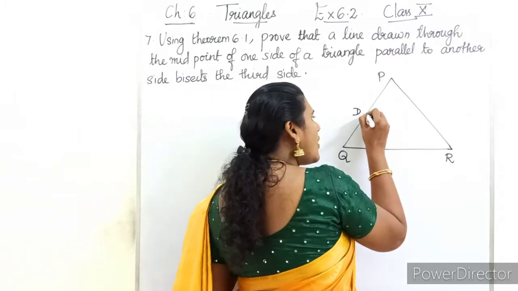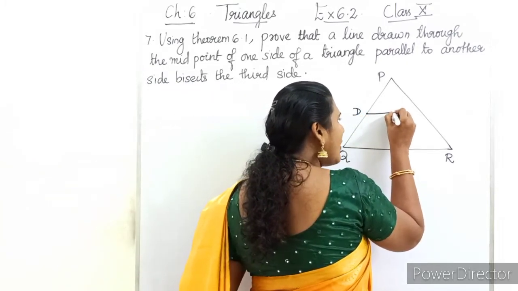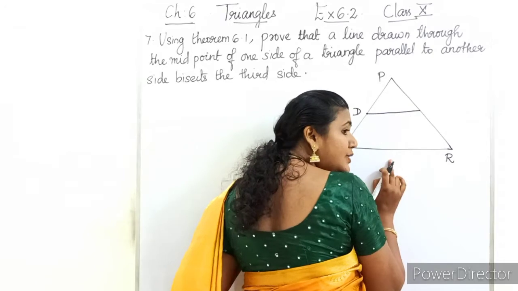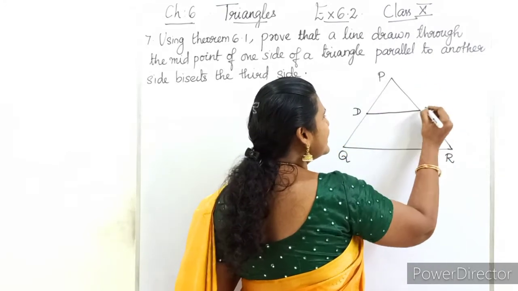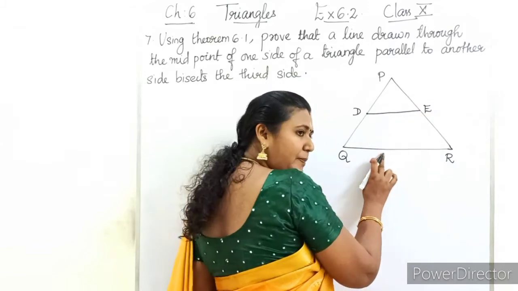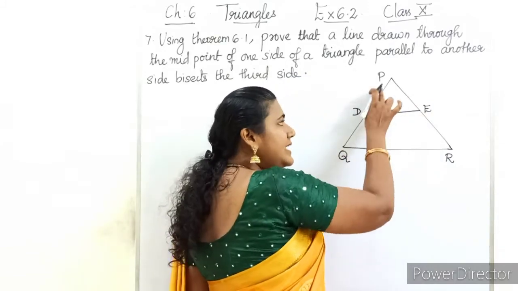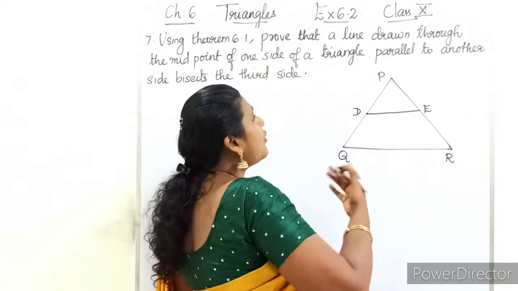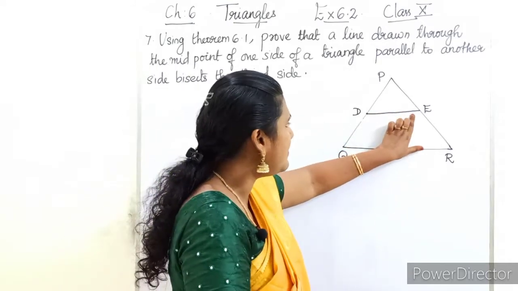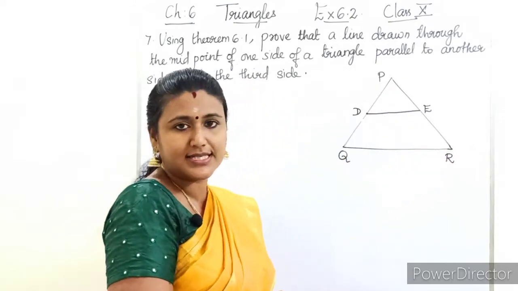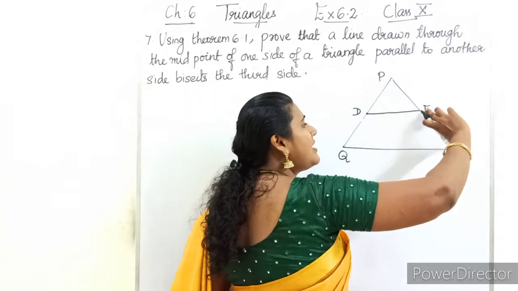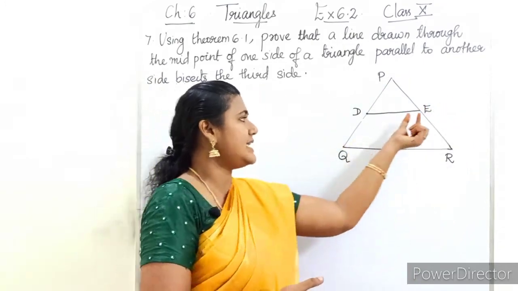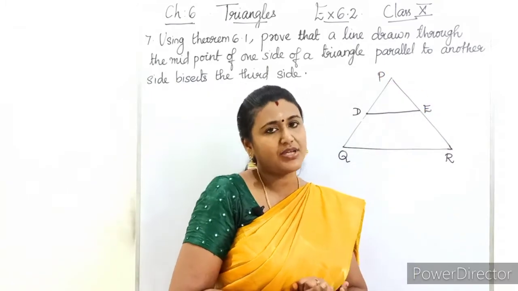So line drawn through the midpoint of one side and parallel to the other side bisects the third side. So this line DE is actually parallel to QR and D is the midpoint of PQ. Then what we have to prove, this line DE bisects the third side. Bisects the third side means what is its meaning? PE is equal to ER, that is E is the midpoint of PR, we have to prove.